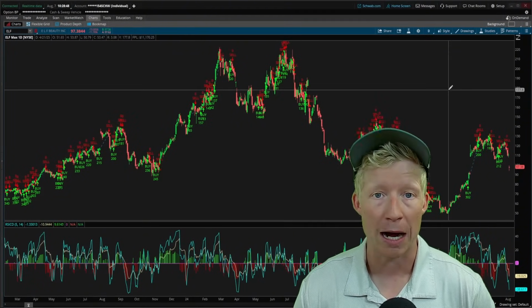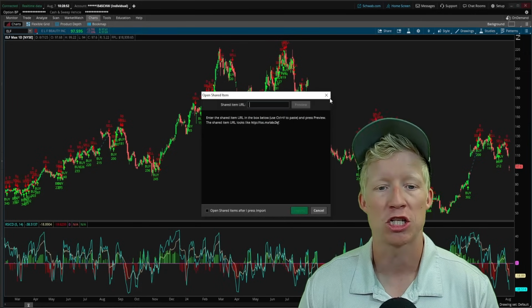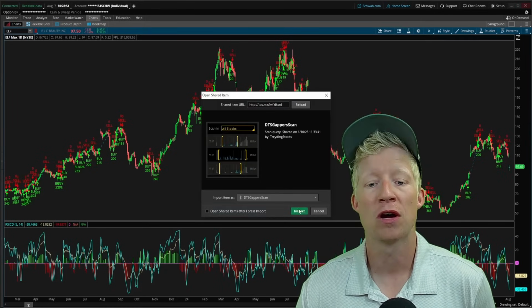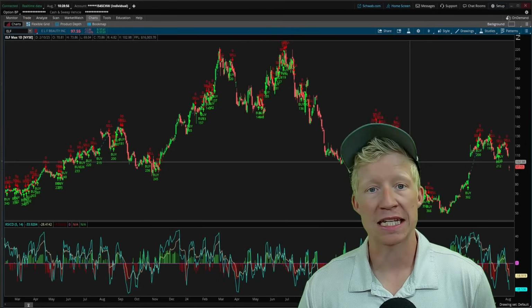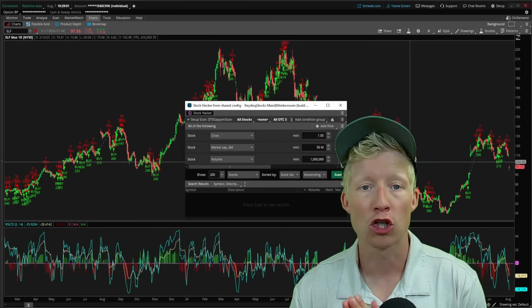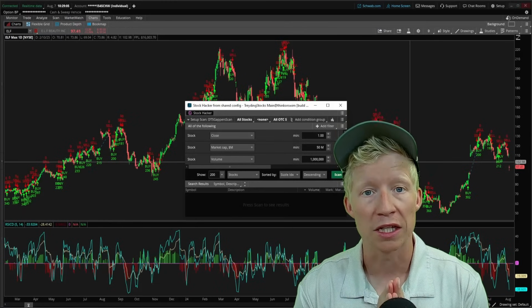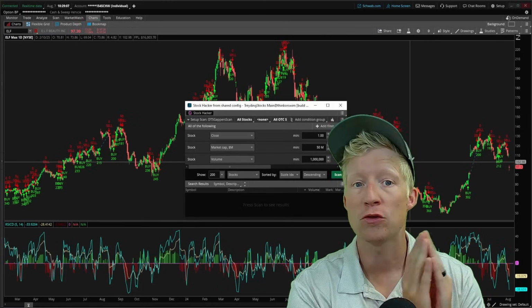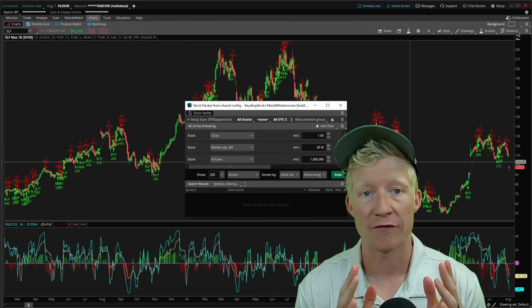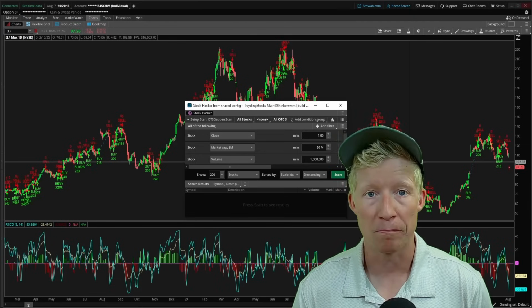All you need to do is copy that link, within your ThinkorSwim set up in the top right, open shared item, paste, preview, and import. Just like that, in about 3 mouse clicks and 5 seconds, you can have any and all of the 150 plus codes from the website saved locally within your ThinkorSwim. So even if you decide to unsubscribe from the website, whatever, you will still have the codes. The codes are yours once you import them.